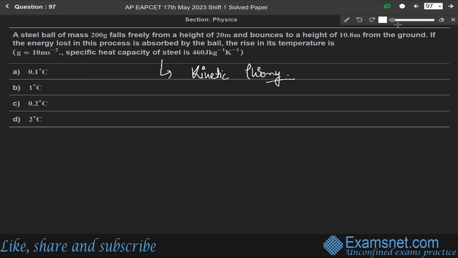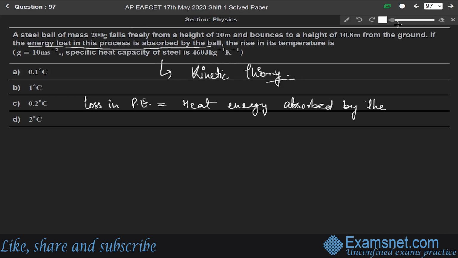According to the question, the energy lost equals the heat absorbed by the ball, meaning the loss in potential energy will be equal to the heat energy absorbed by the ball.